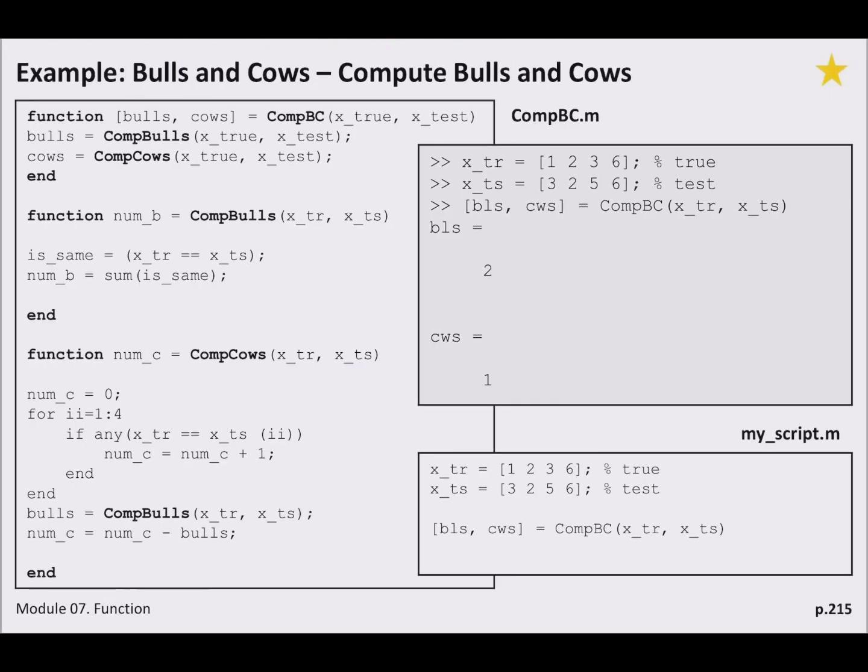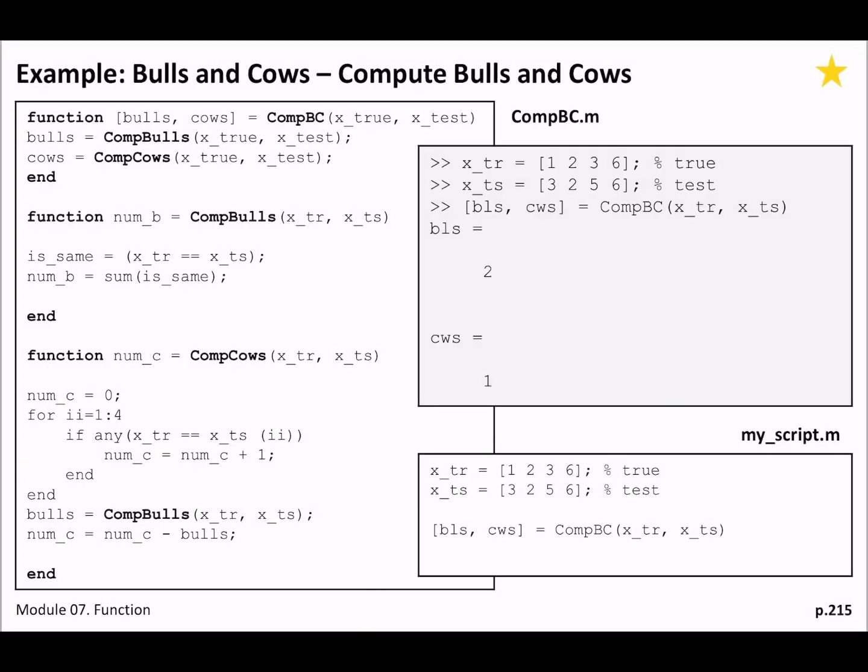Okay, so let's think about you're going to design the bulls and cows game. Then you will only call the compute bulls and cows function, right? You might not call the individual compute bull, compute cow functions, right? Then in this sense, compute bull and compute cow become local functions, right?